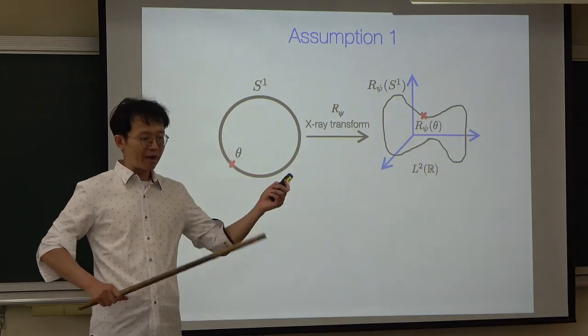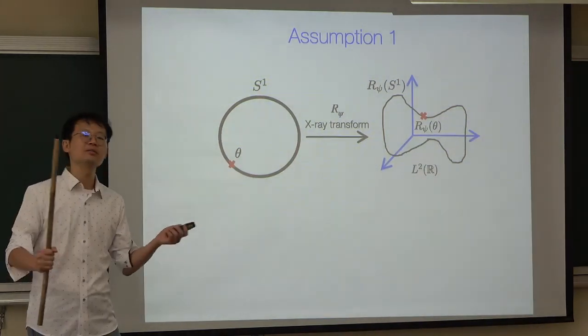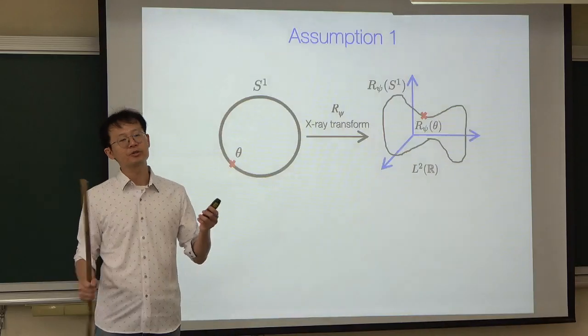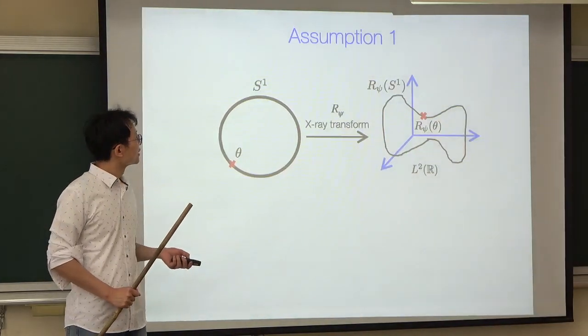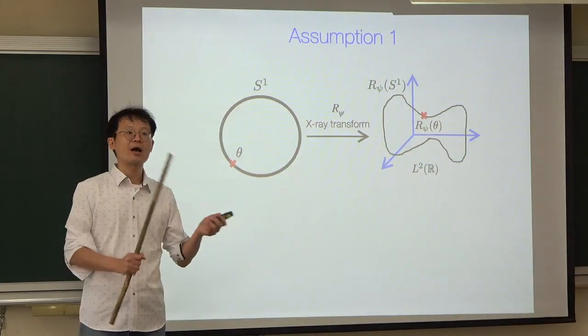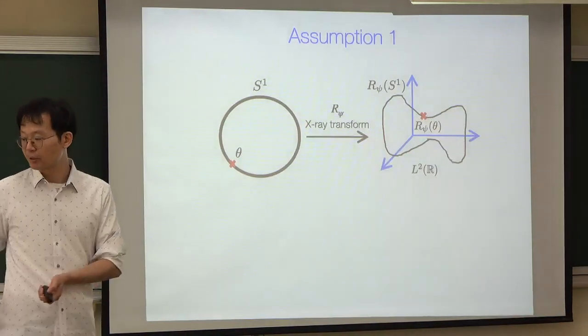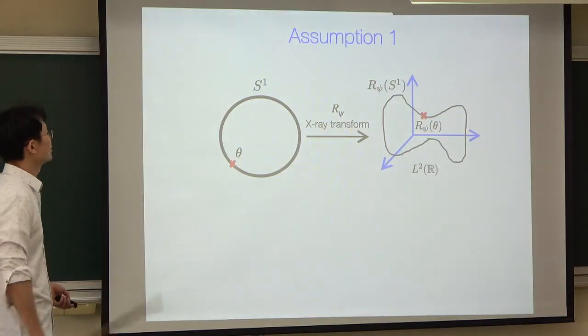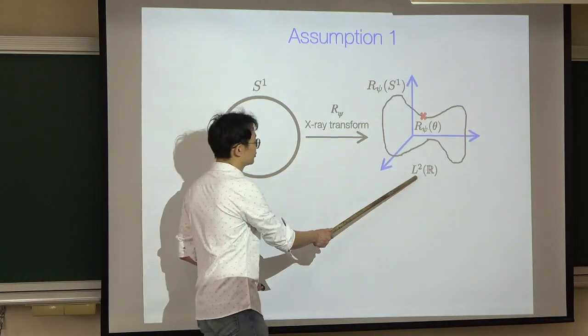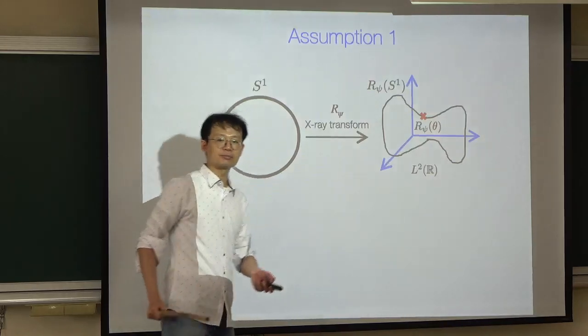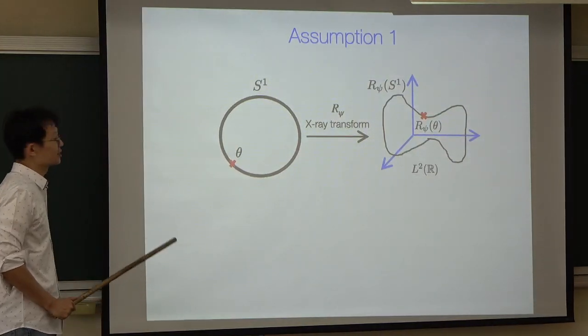So now, after this 2 minute quick review of some basic knowledge, let's start to ask the question: what are we doing? Because we are working with a computer, right? So we cannot really work with L2 or continuous space. We need to have some assumptions.